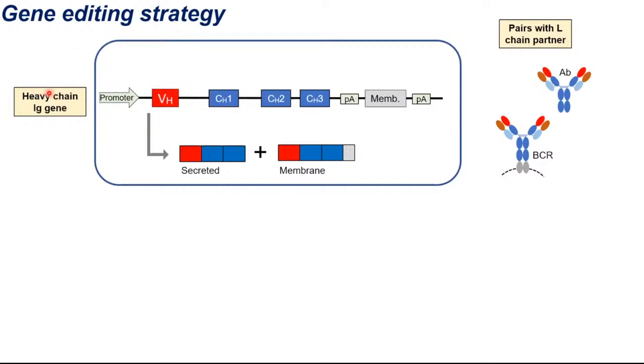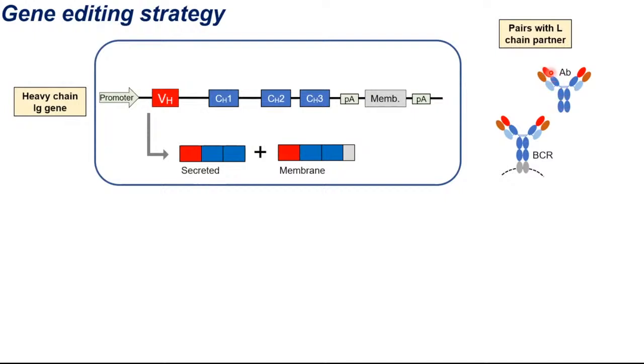So first of all, this is a cartoon of the heavy chain gene. There's a promoter which drives production of these different components, VH, CH1, 2, and 3, with and without the membrane. And when all of these different components get made, we end up with two different products. One that just has the red and blue stitched together, and this becomes a secreted antibody, or at least the heavy chain part of the secreted antibody.